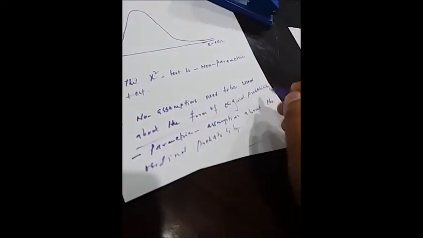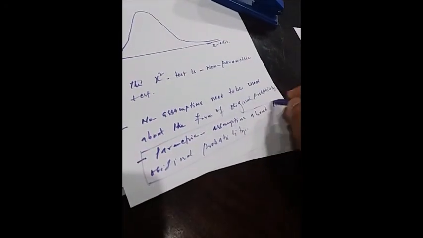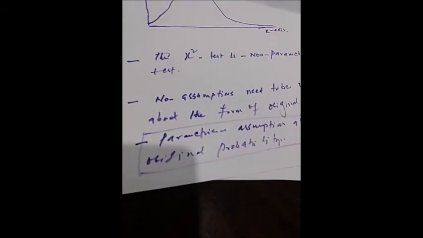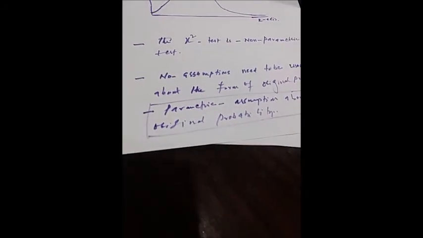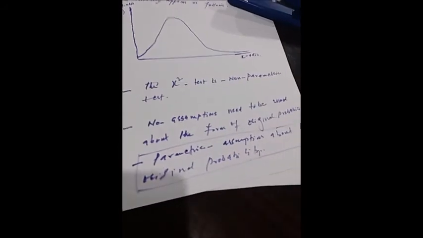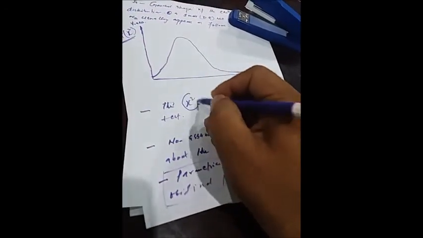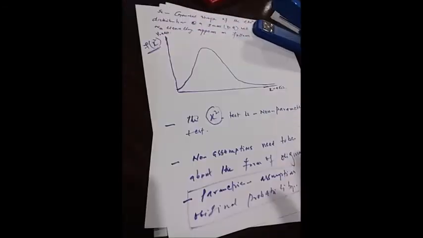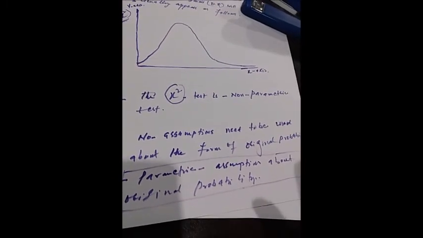Parametric tests include correlation, Pearson product moment correlation, which have some kind of assumptions about the original probability. But the chi-square test is a non-parametric test, meaning no assumption needs to be made about the form of the original probability.